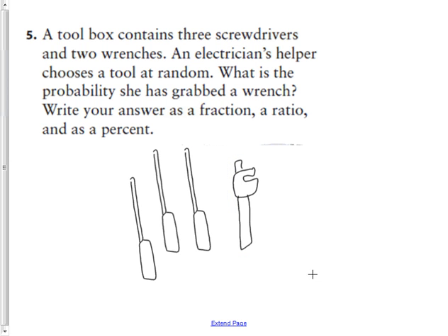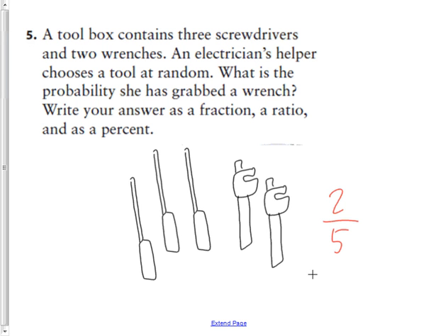So there are 2 wrenches. If my assistant reaches into my toolbox and I'm asking what is the probability of pulling out a wrench, what is my possible outcomes as a number? 5. And Kyle, how many of those are wrenches? What's that 2 called? Favorable outcomes. It's what I'm looking for.